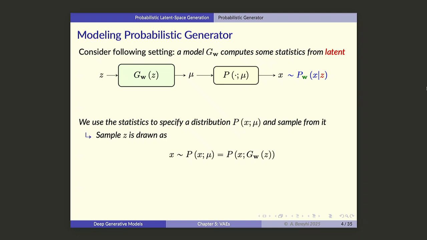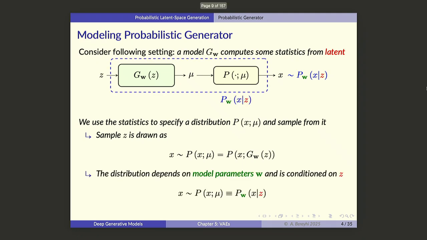Now, I can think from z to x, I still have a process. And that process is no longer described by a deterministic function, but by a conditional distribution. So I could say that this x is distributed with this distribution p of x with parameters mu. That mu is specified by z, so x is essentially distributed with some parameterized distribution given z.